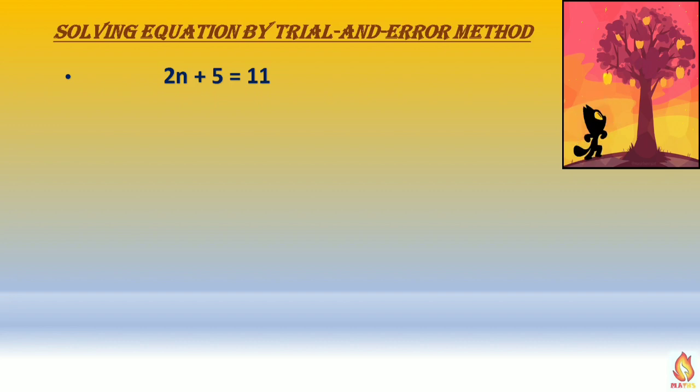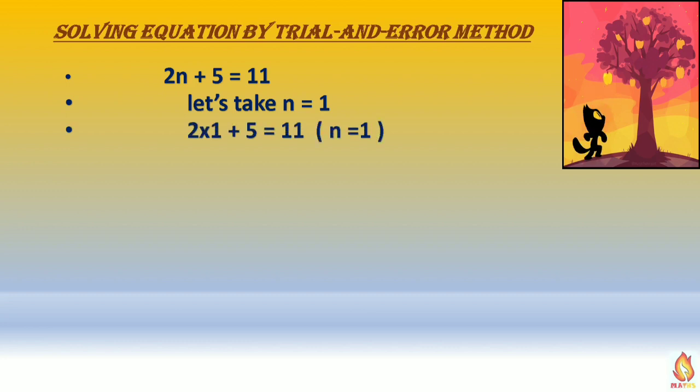Let us first take the value of n to be 1. Are the LHS part and RHS part equal? No, these two parts are not equal when n = 1. So 1 is not the solution of this equation.